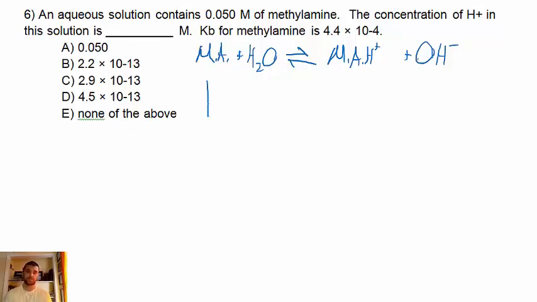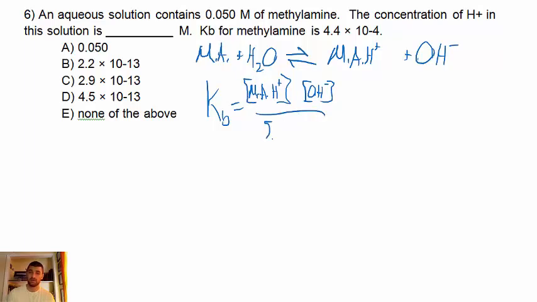So the Kb is going to be the methylamine conjugate acid times the OH minus concentration, all over the amount of methylamine that I started with, or methylamine that's left.